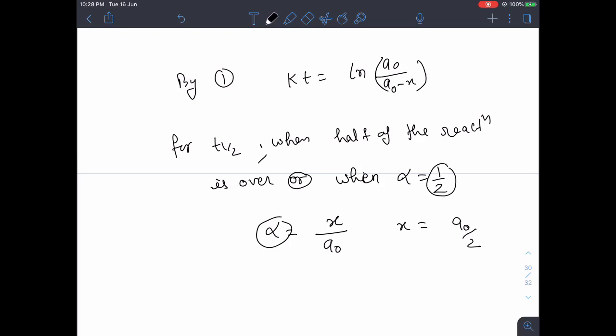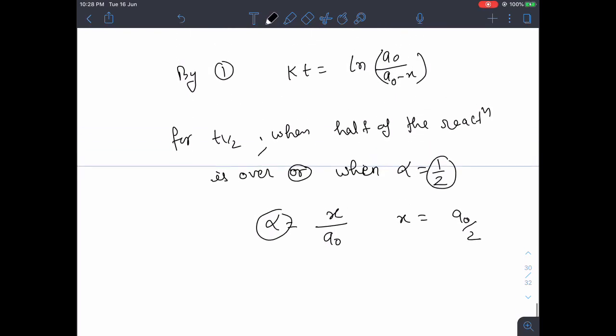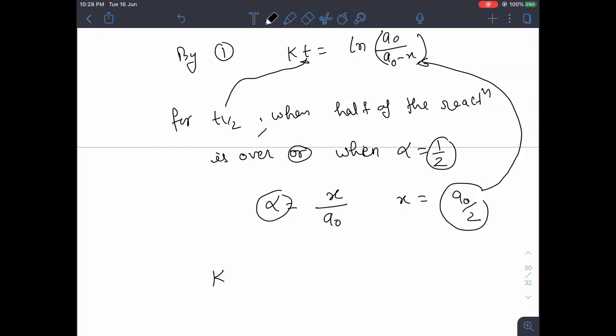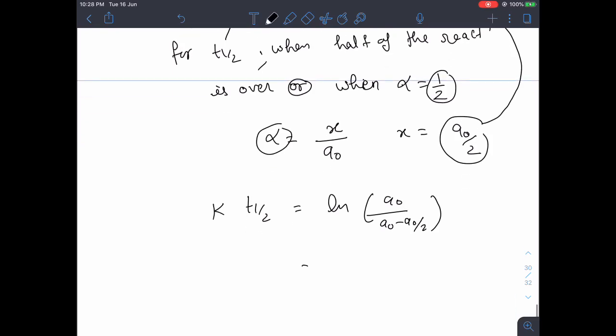Now substituting this value of x over here and time over here, I will get that K into t half is equal to ln A0 upon A0 minus A0 by 2. Now if you solve it, it will be simply ln 2 equals K into t half.